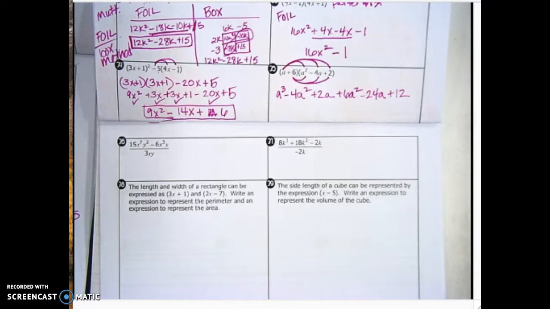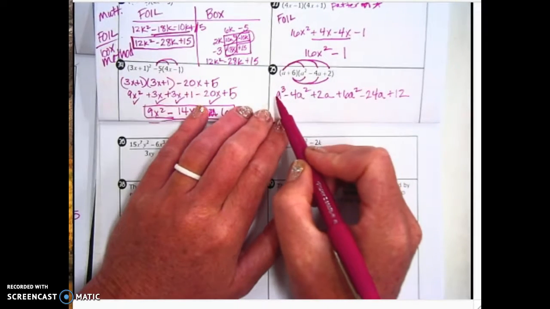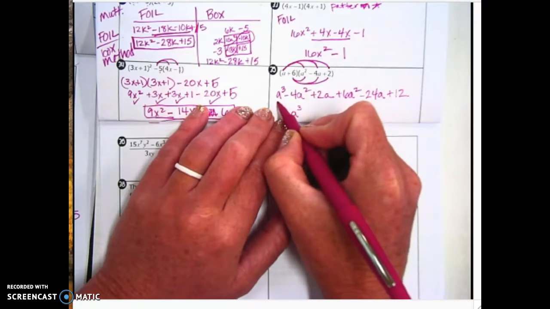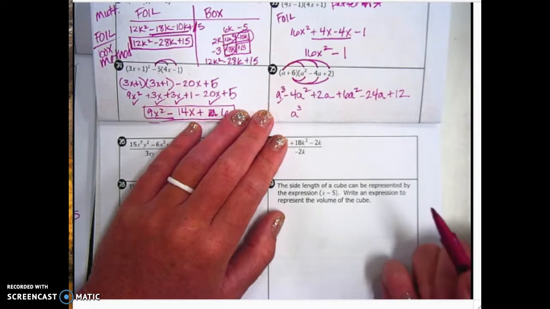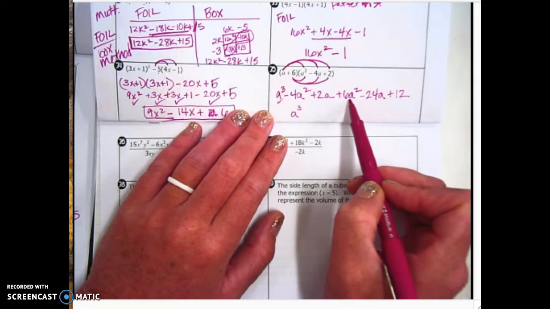But that's not our final answer because we have some like terms. Everybody see the like terms up there? We want to combine any like terms. So you want to start with the largest exponent, which is a cubed. There's only one of them, so there's nothing to combine it with. Now let's look for the squareds. I have a negative 4a squared and a 6a squared.